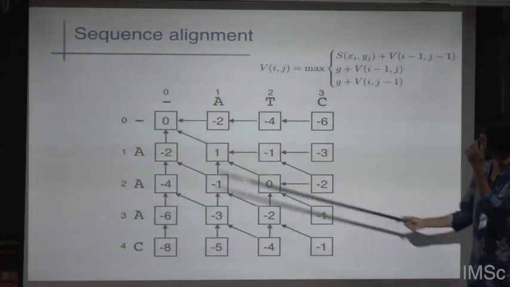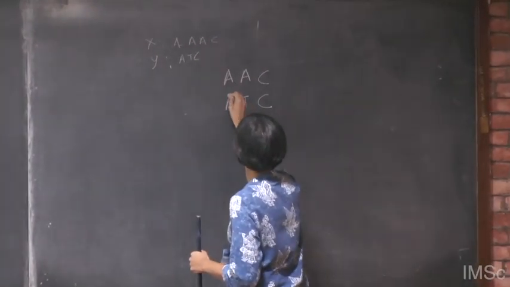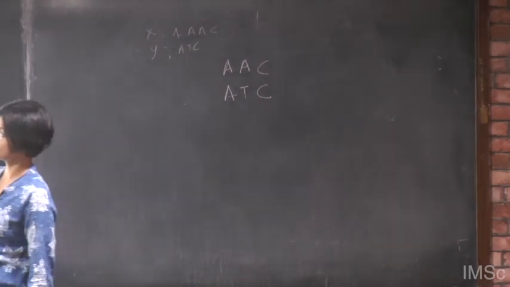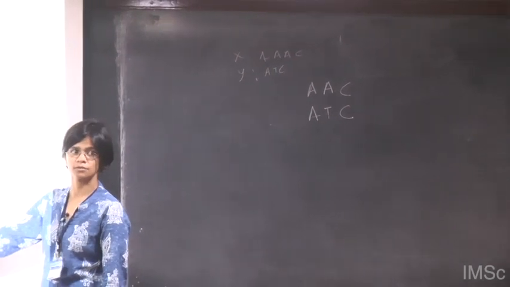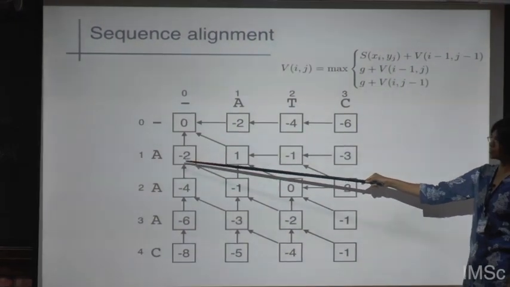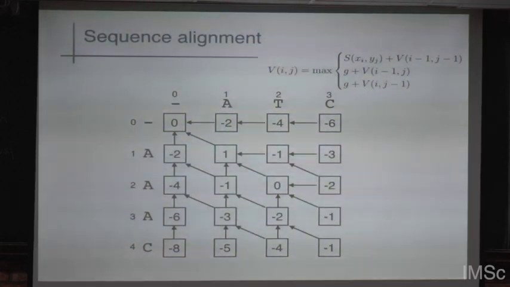Okay, so let's go one more diagonal, which means your A matches with an A. So you have to go here. Now over here you have no choice but to go up. That means this A is matching with a gap. So you have an A here that matches with the gap. That is your final alignment.